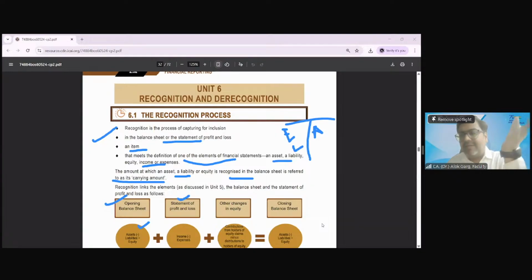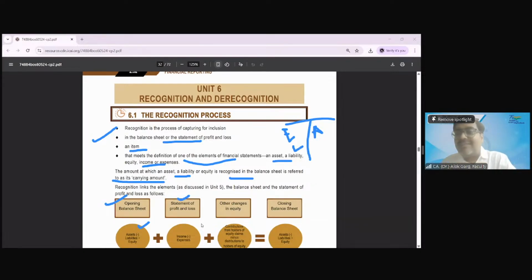If you have a profit, that profit will increase your equity. Increase means income, decrease means expense. Your income is higher, expenses are lower, there is a profit. That profit will flow to the retained earnings, reserves and surplus. Your shareholder fund will increase, net assets will increase, equity will increase.